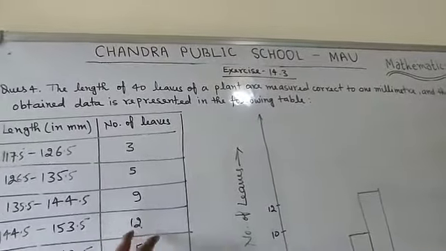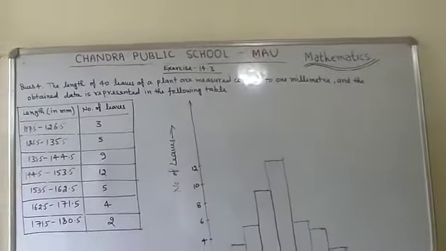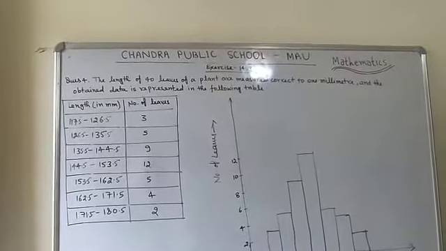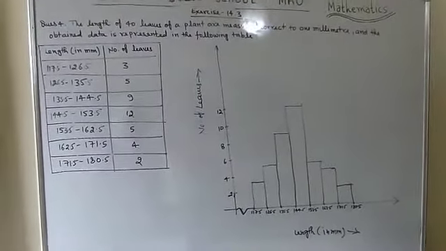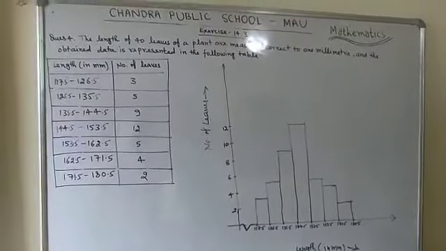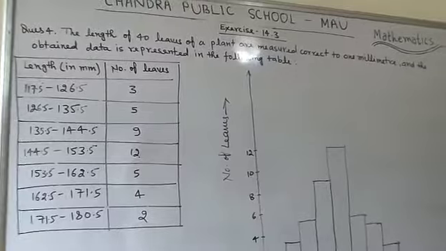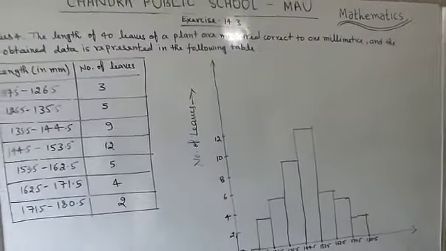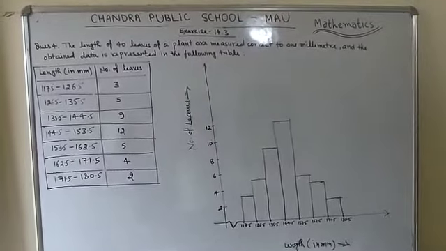So what is the exact length? Here it is not given. It is given as a range. So you can't say that maximum leaves are of the length 153 millimeter. So you need to write that no, it cannot be concluded that maximum leaves are of 153 millimeter. So that is question number 4.